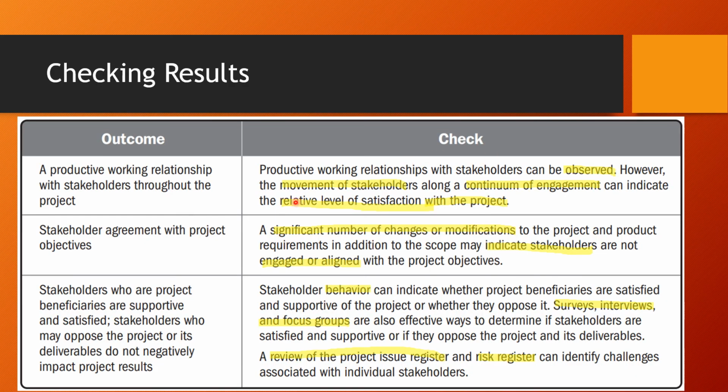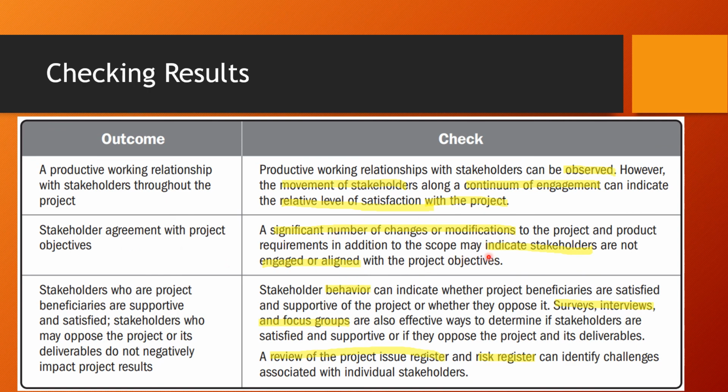So the final step is, we discussed the three major outcomes and desired results of a stakeholder performance domain. But how do we check each outcome? If you want to check working relationship, positive relationship, how do I do that? It can be observed. You need to understand the movement of the stakeholders on a continuum of engagement, and the relative level of satisfaction. Similarly, agreement on the project objectives.